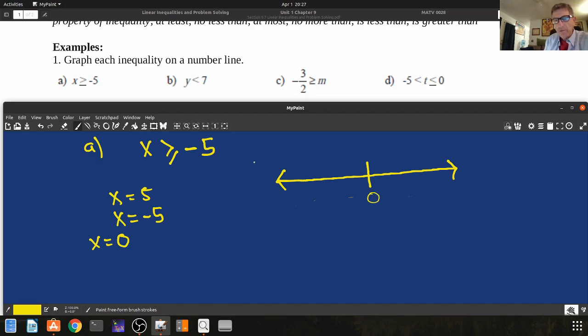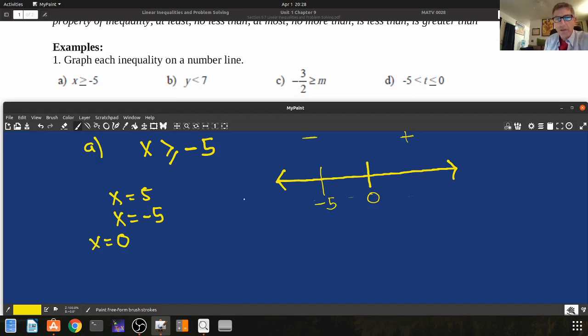Minus 5 is less than 0, so it's a negative number, and negative numbers are on the left-hand side. Positive numbers are on the right. These are all negative, these are all positive. 0 is neither negative nor positive. It's the dividing line between the two.